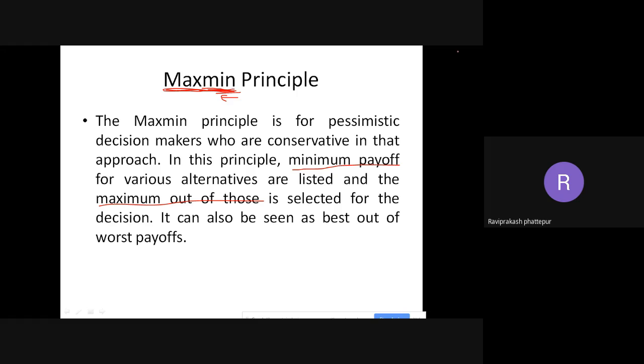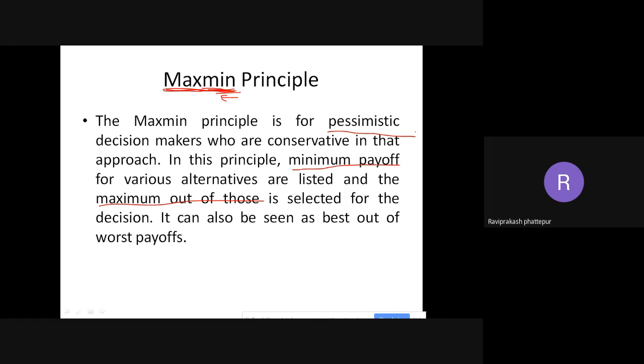Here the term pessimistic is there. You might have heard pessimistic and optimistic. An optimistic person finds good in everything, even though bad things are happening to him. A pessimistic person, whatever happens, looks at only the bad things, even though many good things are happening.